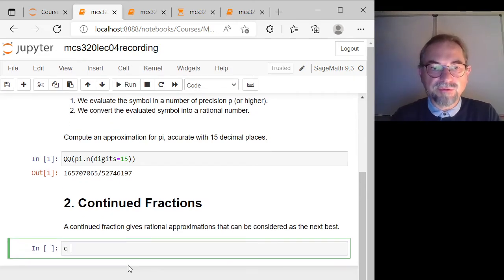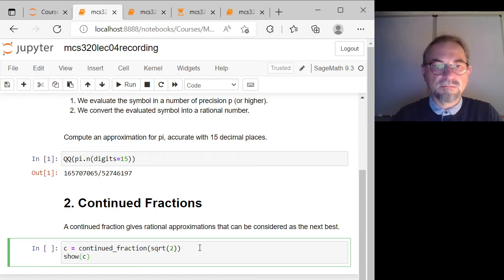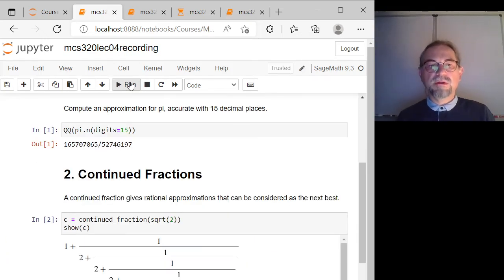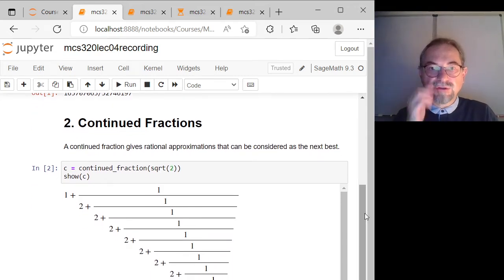I told you on the slides that the square root of 2 gives a very regular continued fraction. So here you see the continued fraction representation for the square root of 2. So the show command is actually here now a very useful thing.